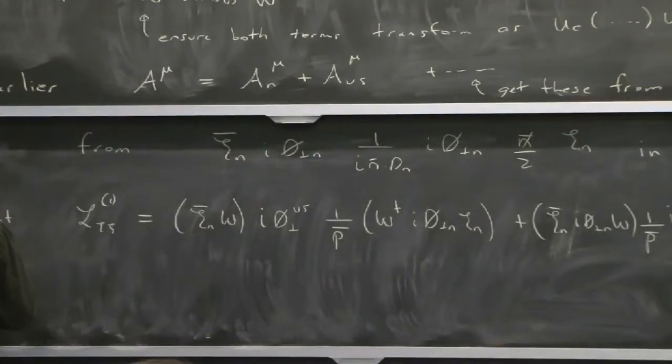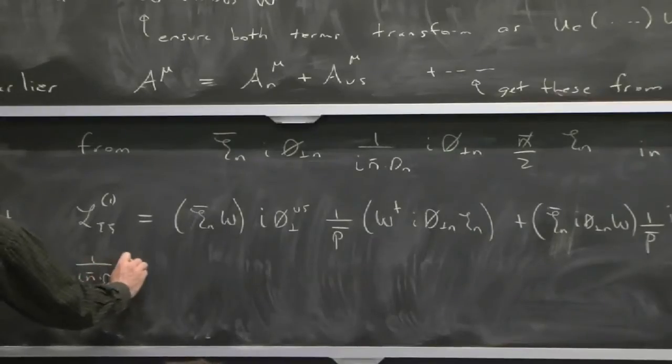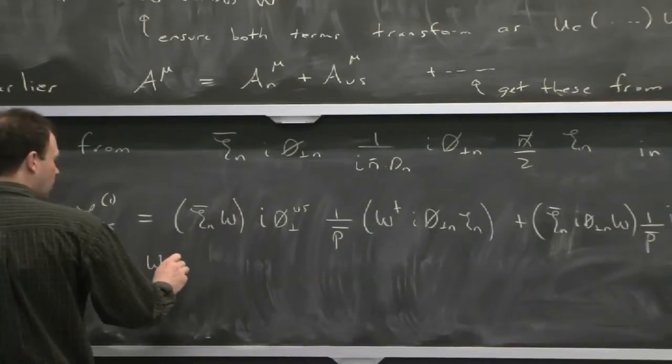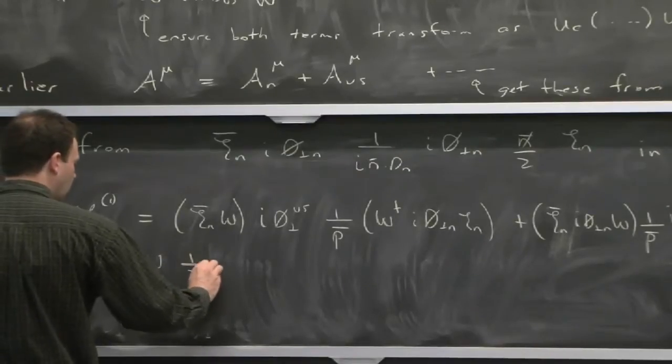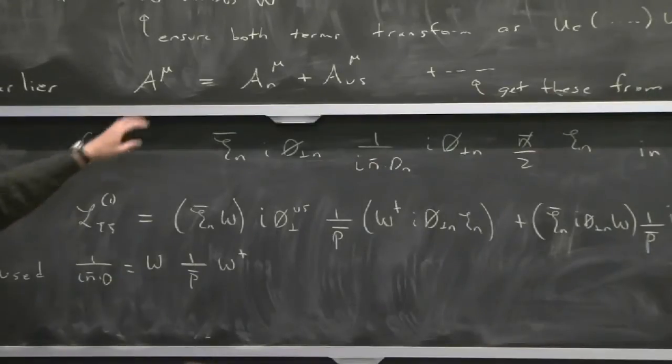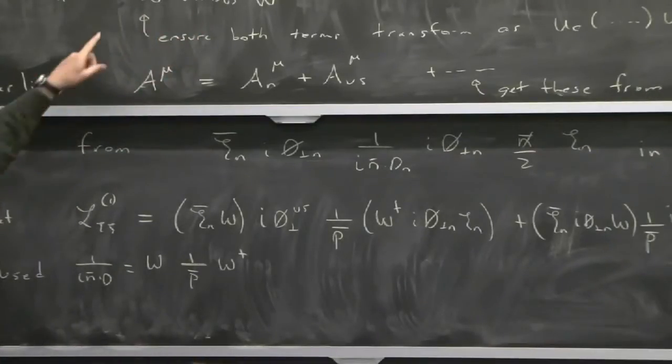OK, so using the fact that I can write this guy as a Wilson line, 1 over p bar times a Wilson line, and the fact that I get some Wilson lines when I look at the subleading term.